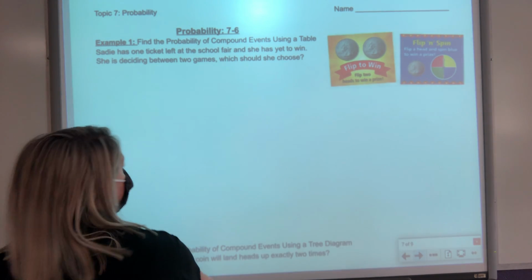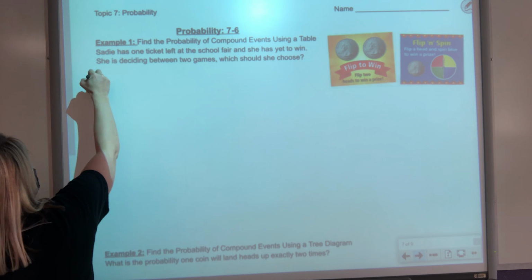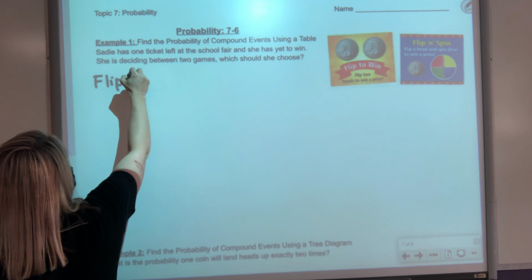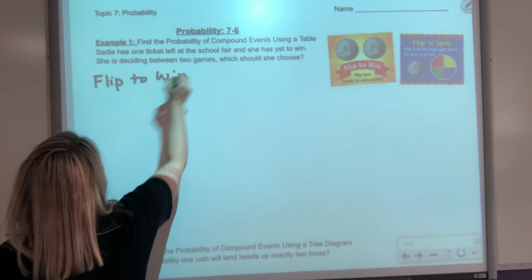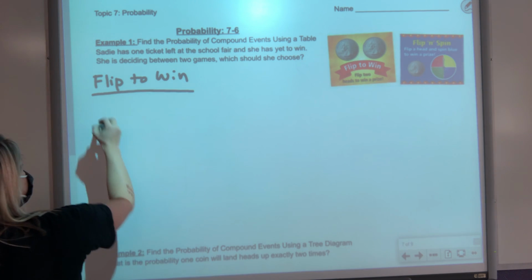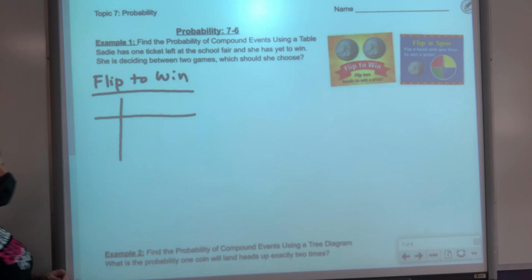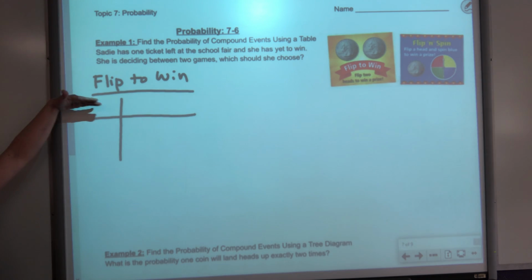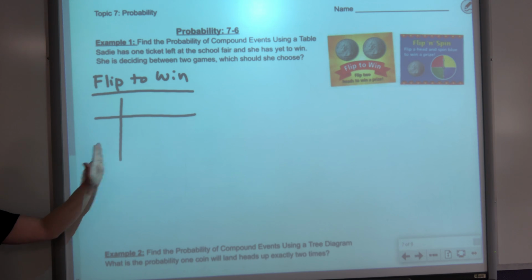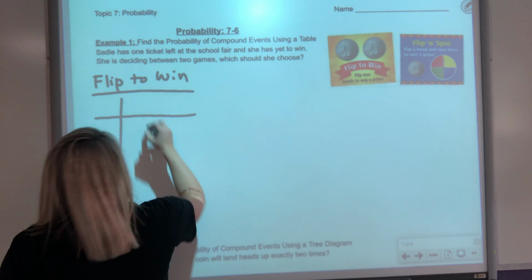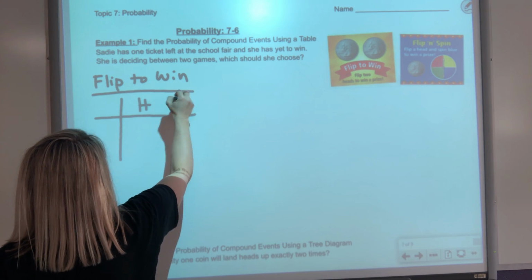So let's create our tables. Flip to win. Event 1 can go on your horizontal, event 2 can go on your vertical. So event 1, we can get a heads or a tails.